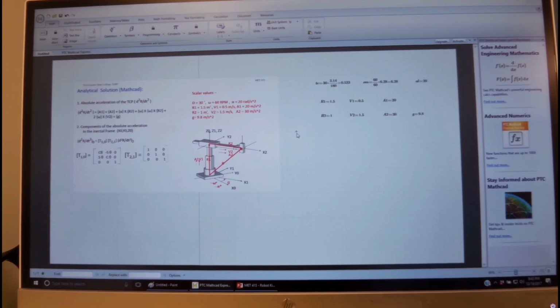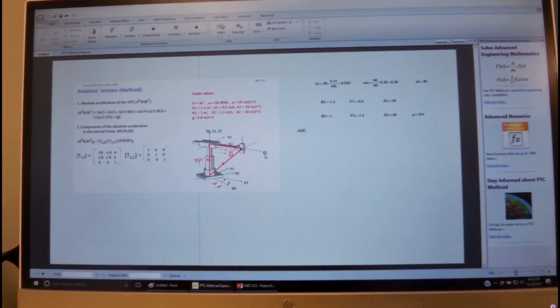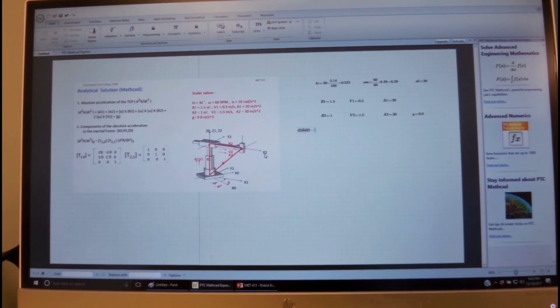So let's call the absolute acceleration d2r dt2. Okay, this is the absolute acceleration, and we could define the vectors.